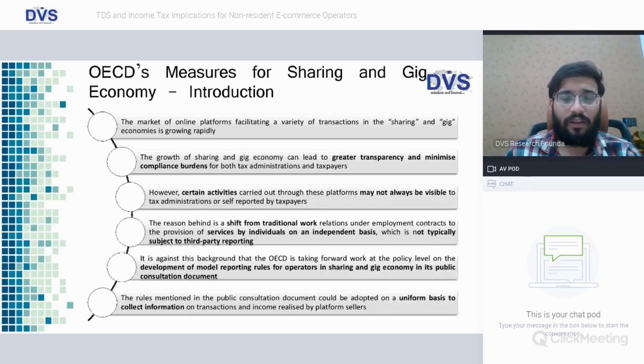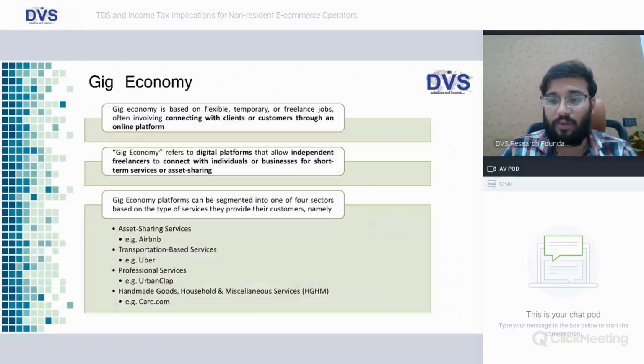The public consultation document was issued in February 2020, and recently, somewhere around 15th of April, was the last date for suggestions. Suggestions have been provided to OECD even by our firm. So let's see what is the way forward in terms of taxability when it comes to gig economy.